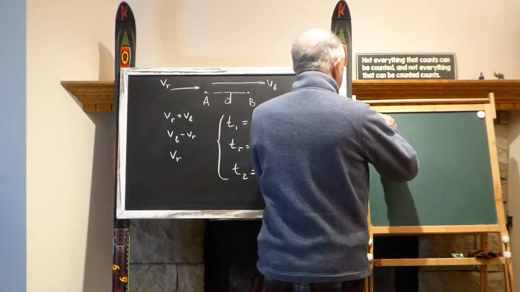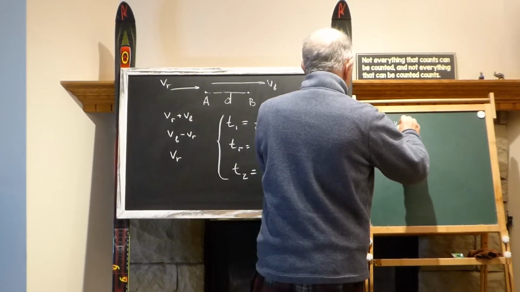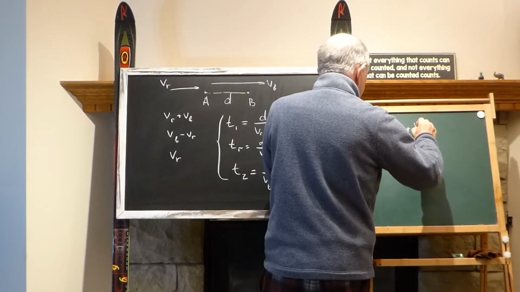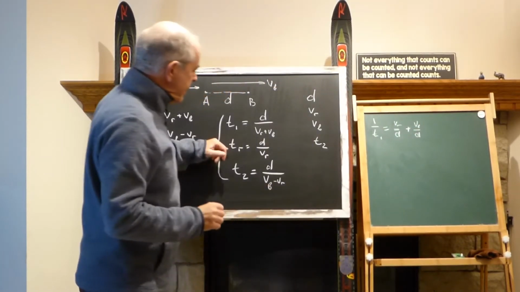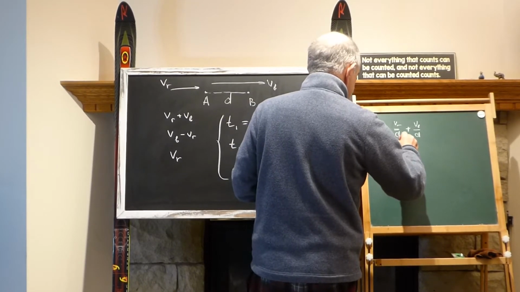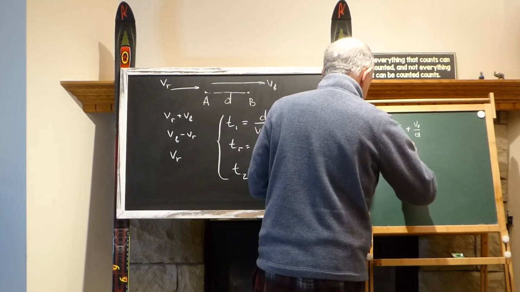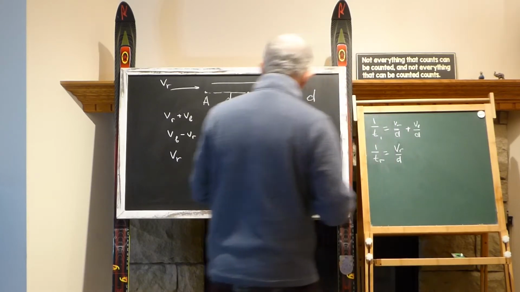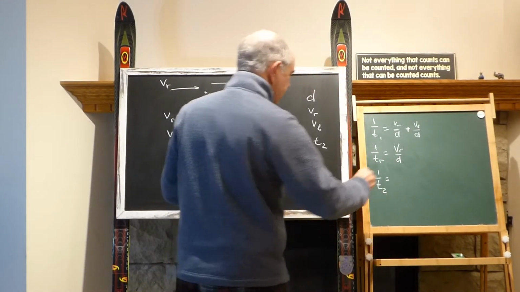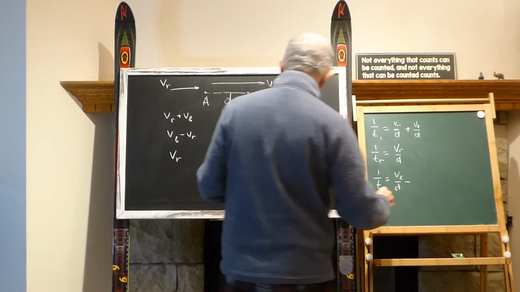And then we can write 1 over T1 equals, and if I flip, I will have V_R over D plus V_B over D. Flipping the raft equation, 1 over T_R equals V_R over D. And the third equation becomes 1 over T2 equals V_B over D minus V_R over D.